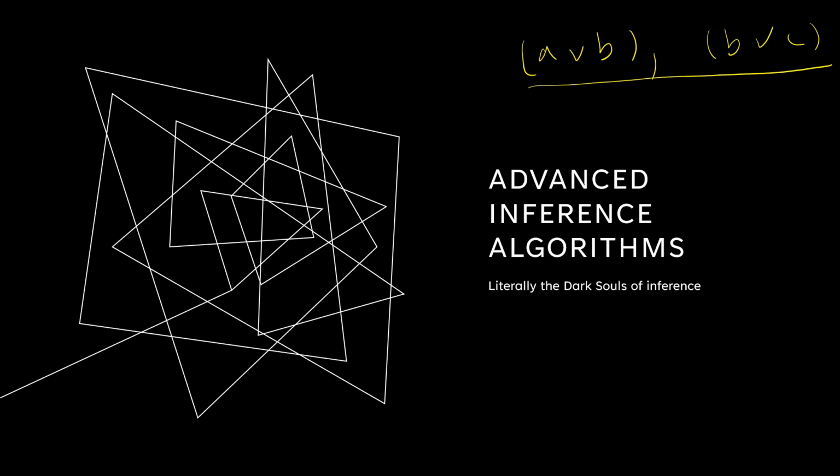I don't think there's anything to be derived from these statements. I don't think they can be simplified further, if that's what you mean. Yeah, because the only thing you would know is that A or B is true and B or C is true.